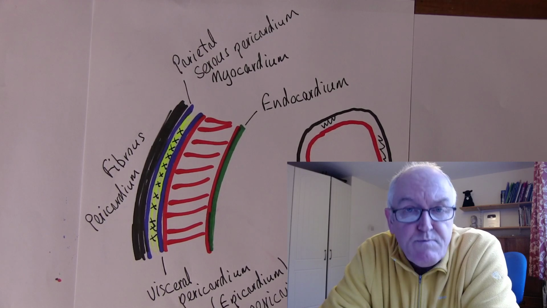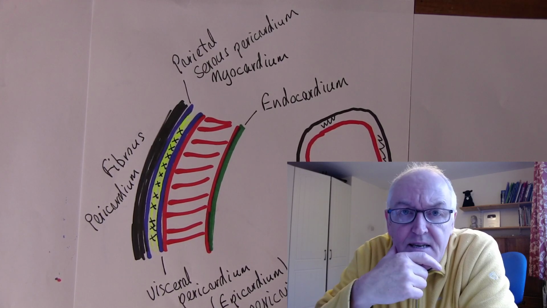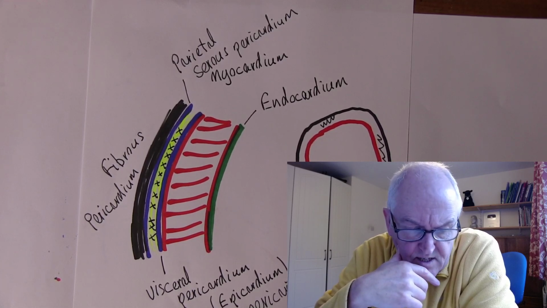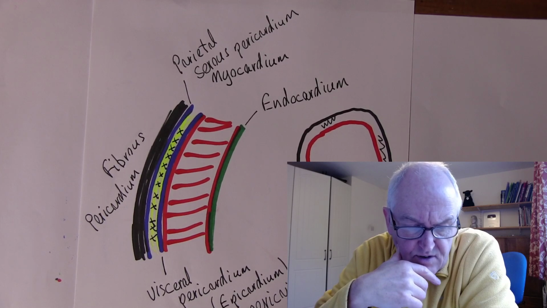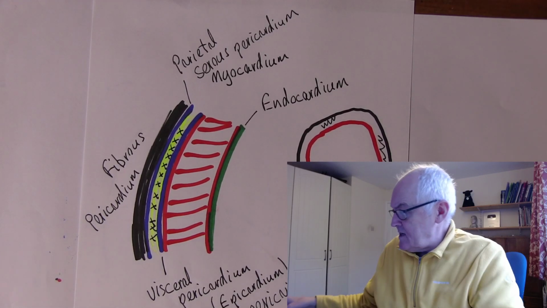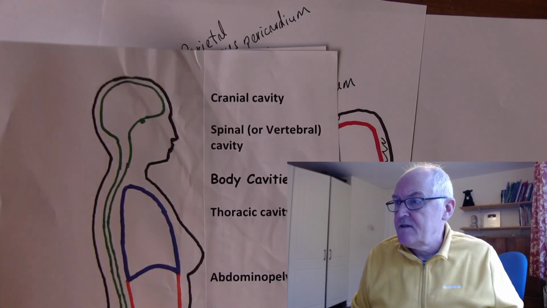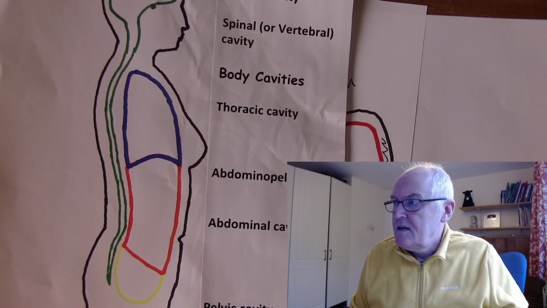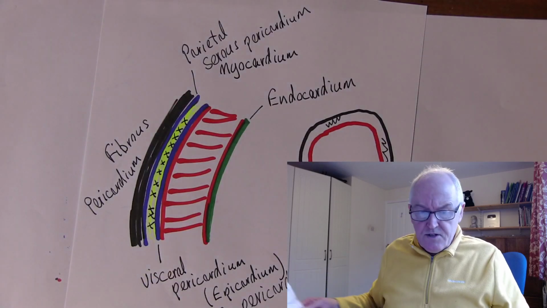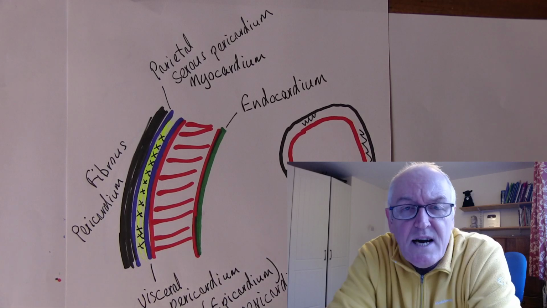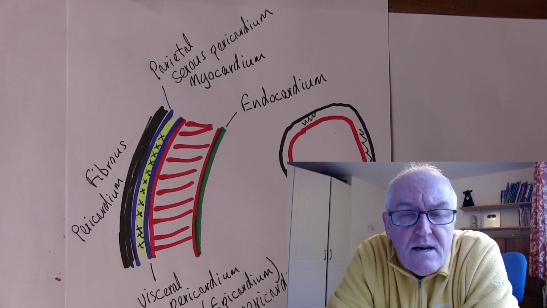If the potential space becomes an actual space, that is always a pathological situation that you need to learn to recognise and treat. So there we have a review of the thoracic cavity and the associated subcompartments within it, the subcavities within it really, that it's subdivided into the right and left pleural cavity and the pericardial cavity.